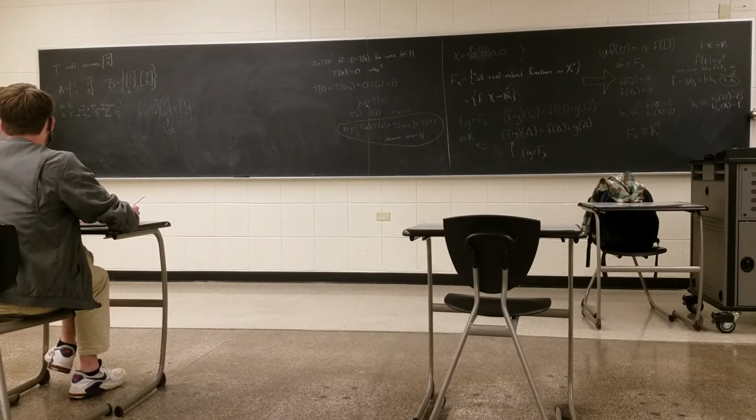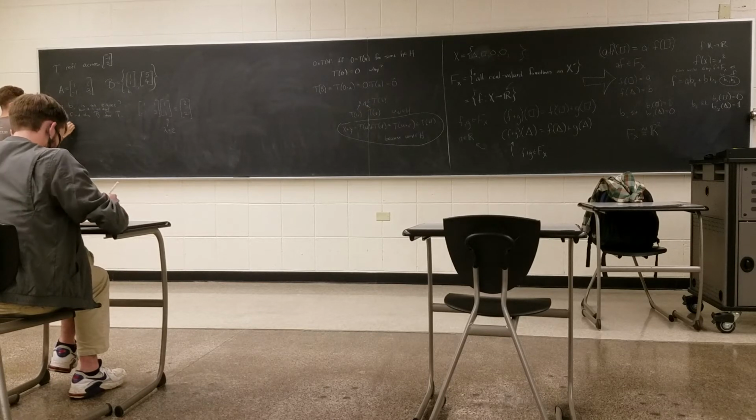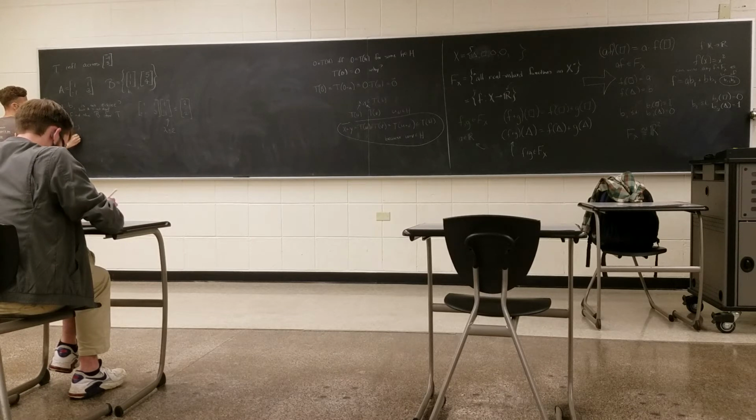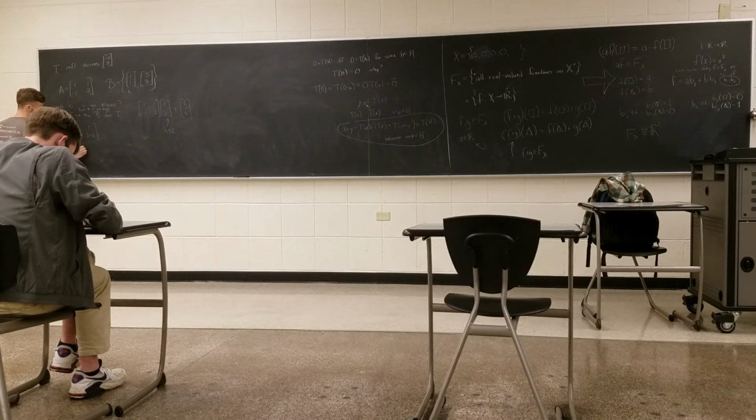Actually, we know that the characteristic polynomial must have x minus 2, or lambda minus 2, as a factor. At least for the sake of practice, let's work this out. So 1 minus lambda, minus 1, 1, 3 minus lambda, and the determinant is equal to 1 minus lambda times 3 minus lambda minus negative 1.